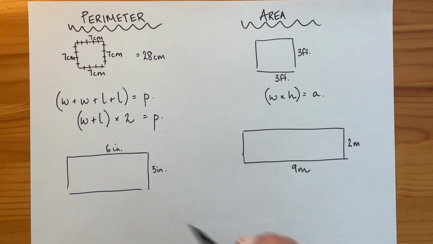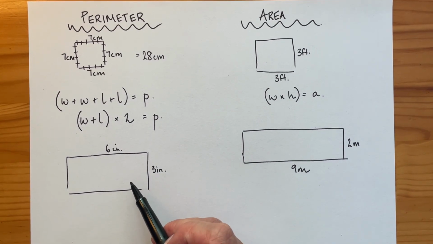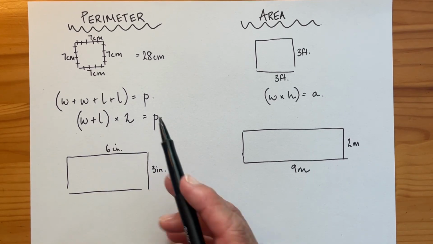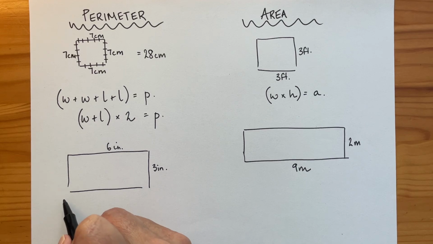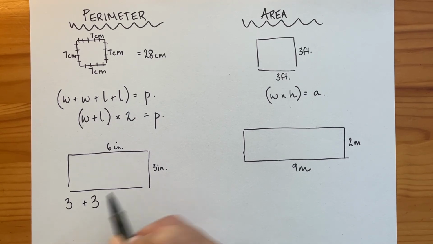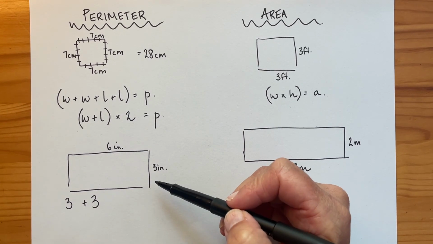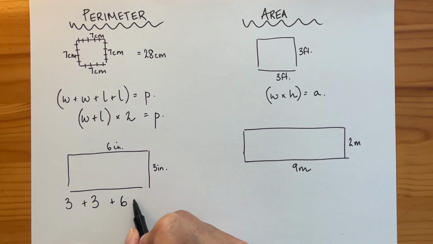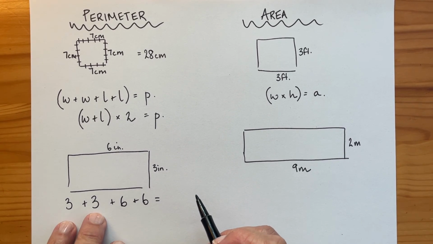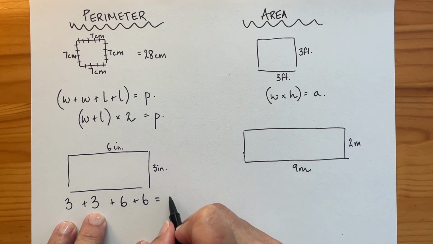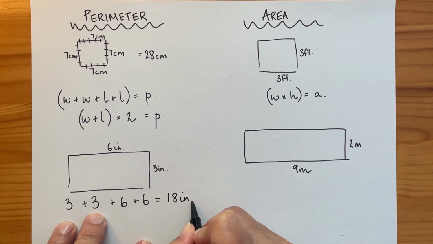Okay, now if you have a rectangle, that's when the formulas really come in handy. So in this case, you would do width plus width, so that would be 3 plus 3, width being the shortest side, plus the length, and then you could just add those up, which would be 6 plus 12 is 18 inches.